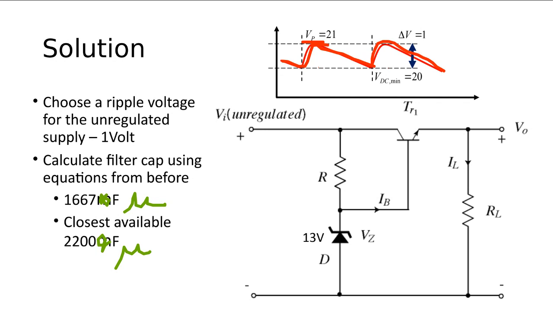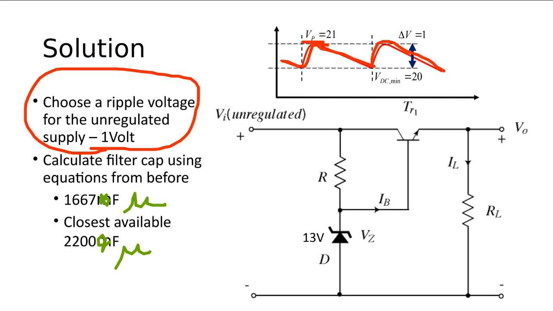In our case, we're using a 15-volt transformer. So a 15-volt transformer means that the peak DC that you're going to get out of that is going to be 21 volts. And we also said here that we're going to choose a ripple voltage of 1 volt.